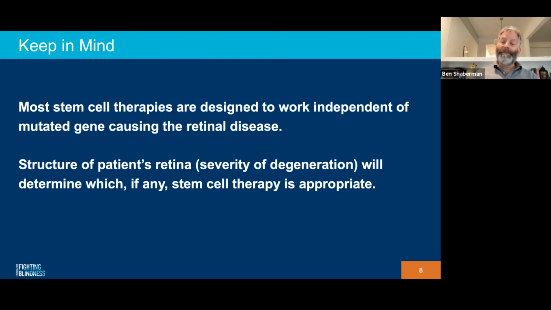You need to have a reasonably healthy retinal structure still surviving so that cells, when they are transplanted, can integrate and survive. So again, that's the most important thing when considering whether a stem cell therapy will be appropriate for the patient.